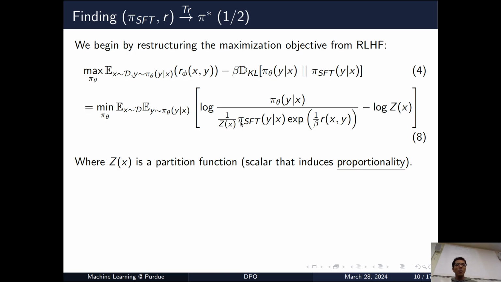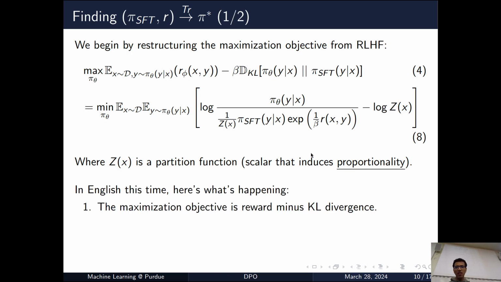Then we multiply that by pi sub SFT y given x raised to the exponent of the reward divided by beta, which is a hyperparameter. We subtract that with negative log Z of x.